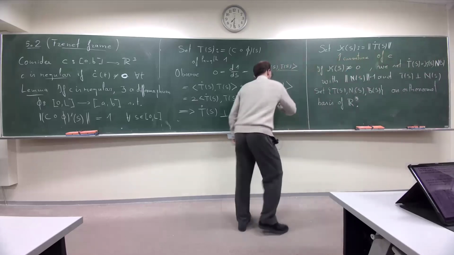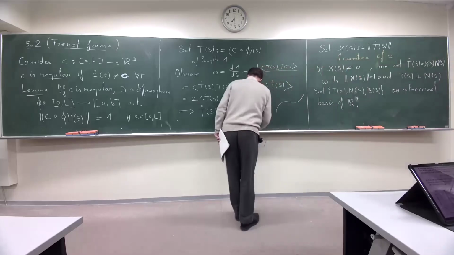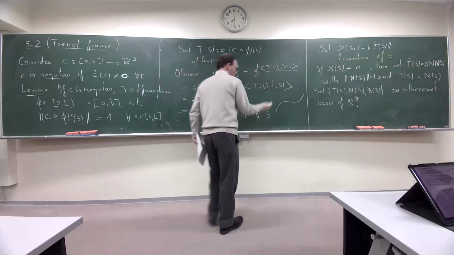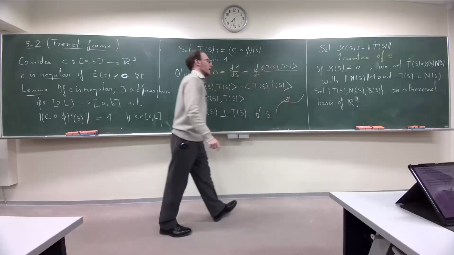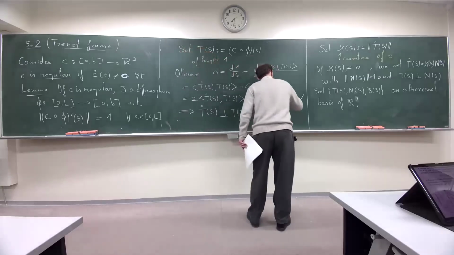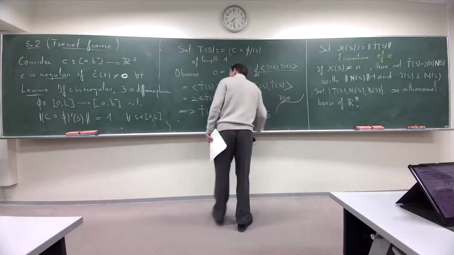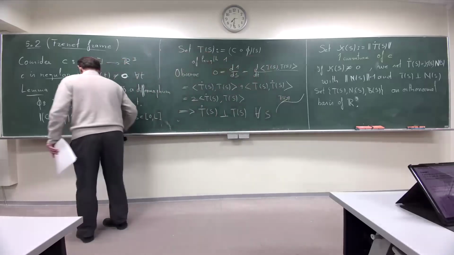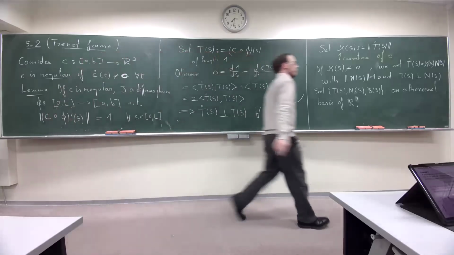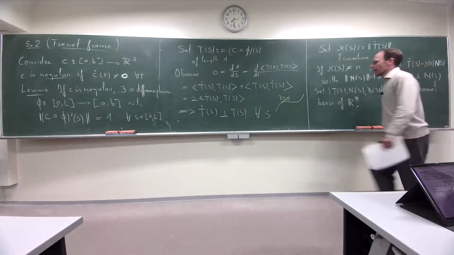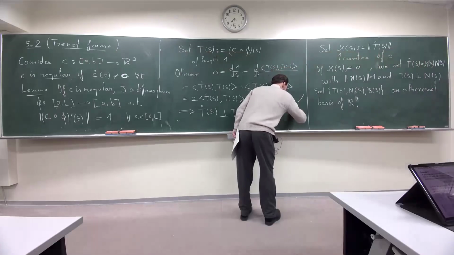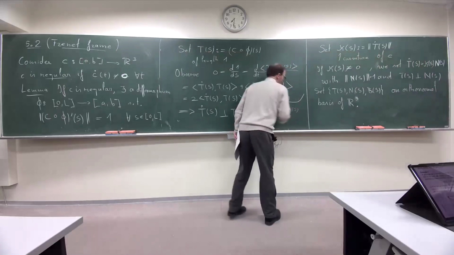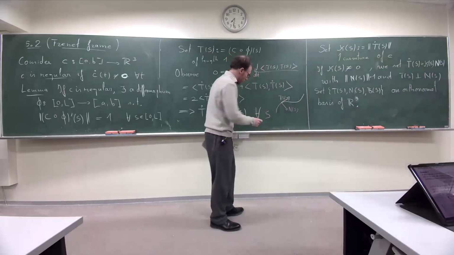So I started with a curve. I parameterize the curve such that at every place we have one tangent vector which is of norm 1. Then if kappa of S is not 0, I have constructed a second vector which is called N of S. I'm sorry, but it should be in R3.